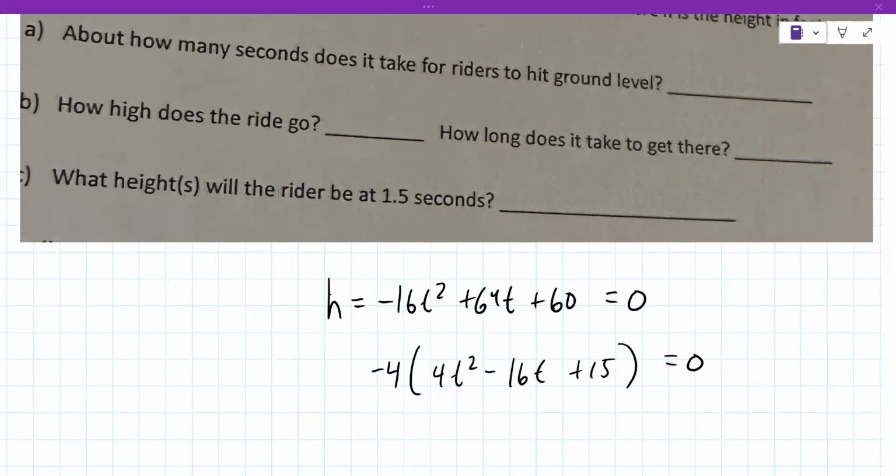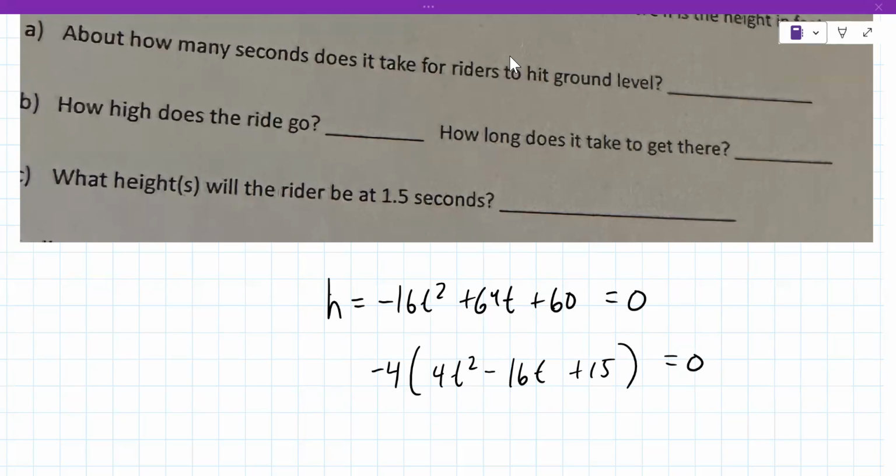Okay, so 16 plus or minus the square root of 16 squared, which is 256, minus 4 times... Sorry, I misspoke. I gave the wrong number. You do have to use the quadratic formula on this.